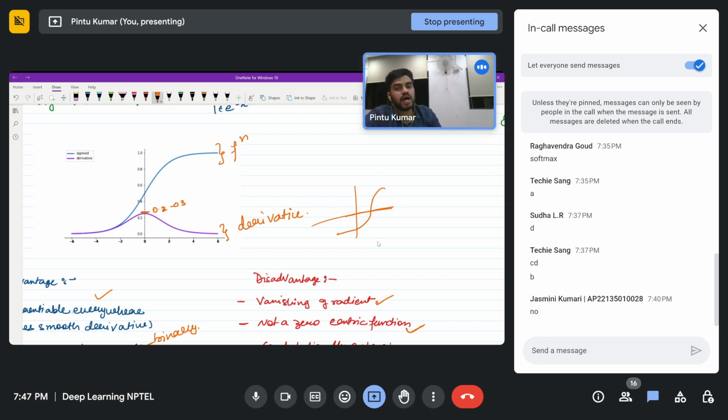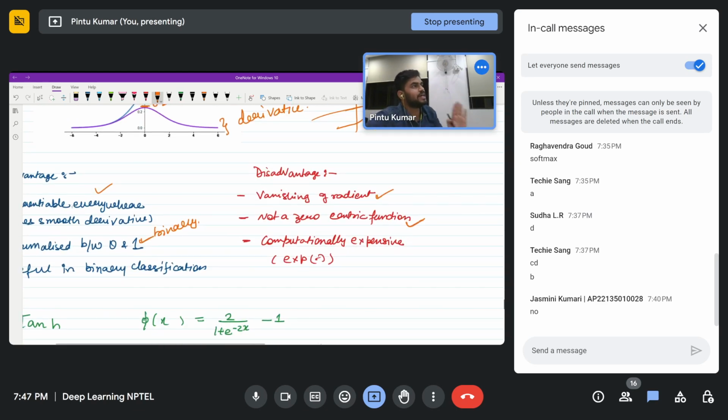If you have functions that have only positive values, that restricts your generalization power. If you have a function that is both positive and negative, that gives you more search space. I think this topic is covered in a later week. At that time we will see, but right now I just want to say that because this has only positive values, this is one of its disadvantages.